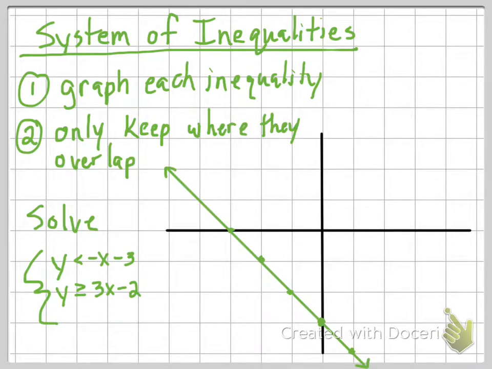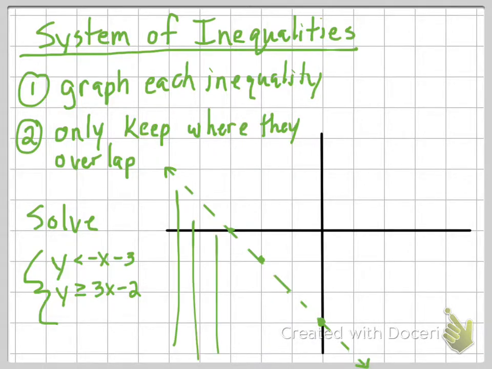Okay? But this line can't be equal to, so it's got to be a dotted line. Okay? And it says that it's less than. That means below this line. If you put your pencil on the line and move it down, that's the side you shade.